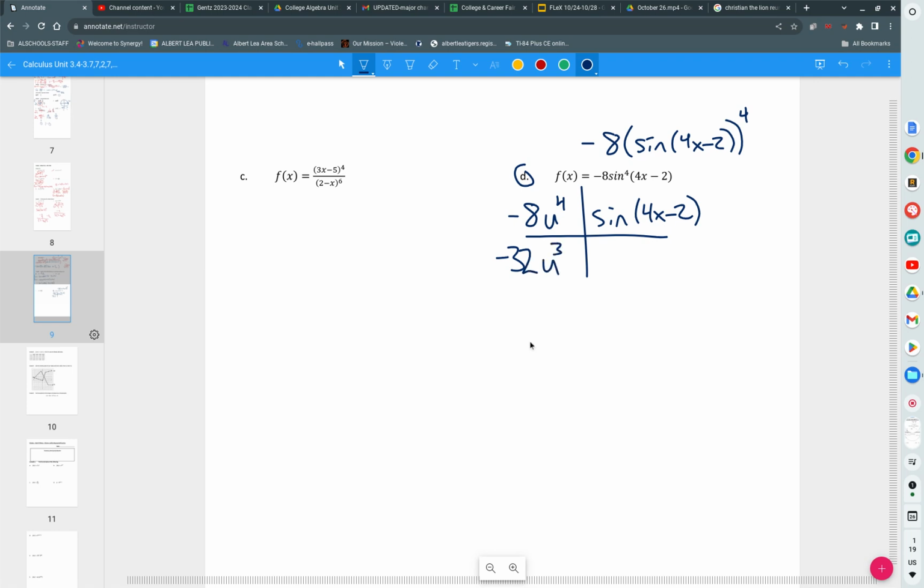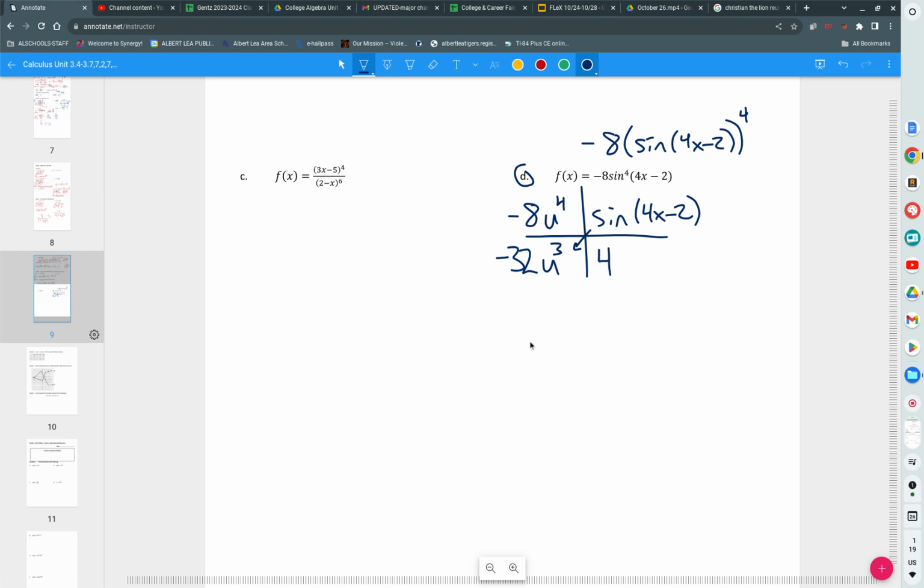Good. Does everybody see that to take the derivative of sine of 4x minus 2, I have to use the chain rule? So you could set up a second set of boxes, or you could just look at it. What is the derivative of the inside? 4.